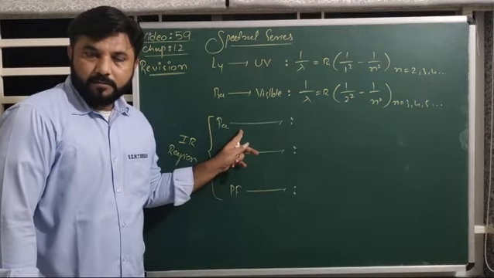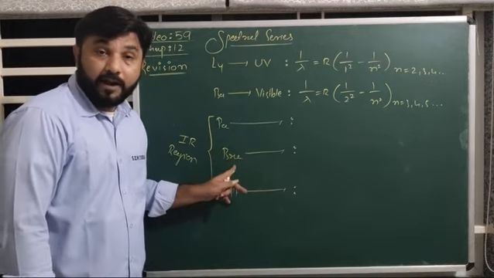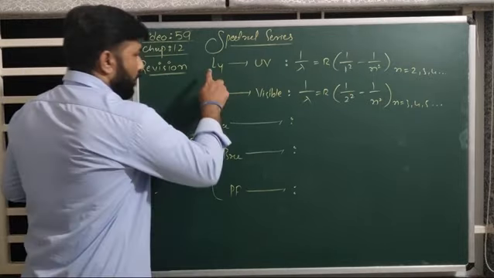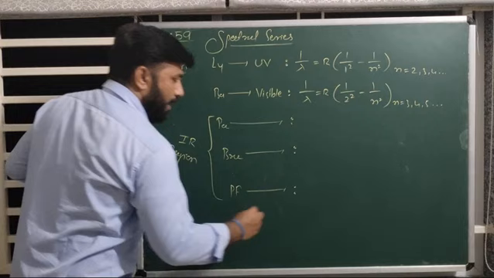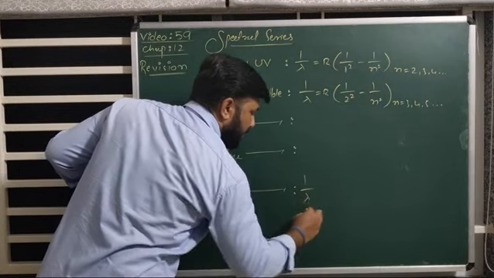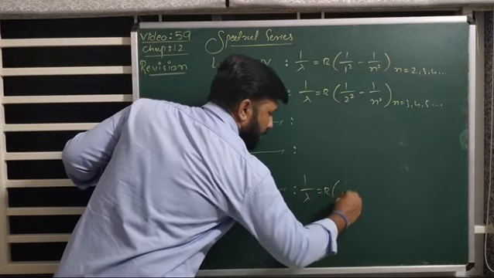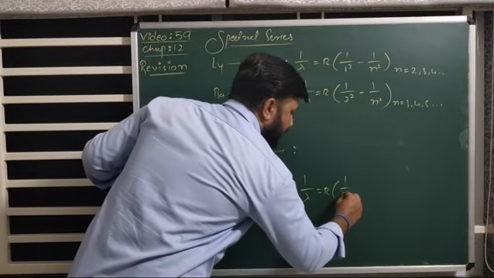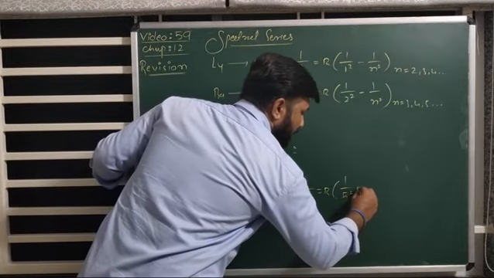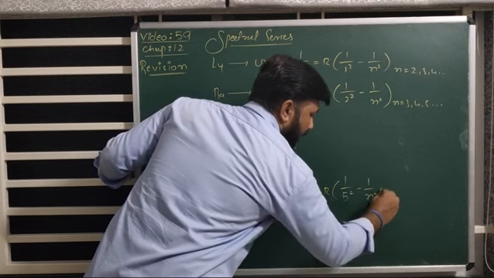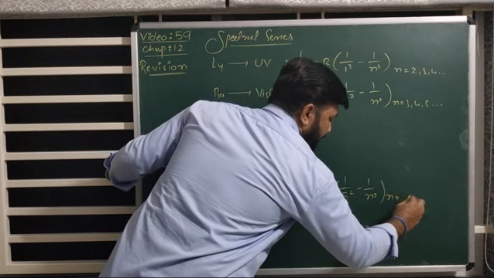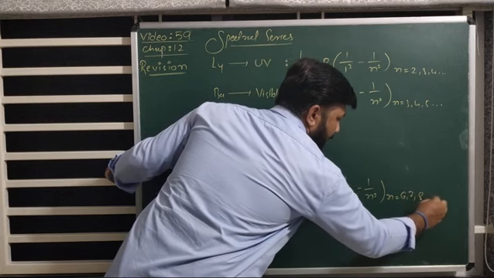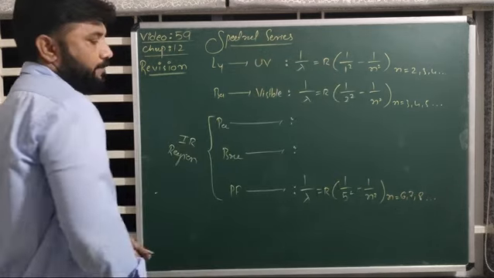Paschen and Brackett you do by yourself, and Pfund series is 1, 2, 3, 4, 5. So again the same equation, 1 upon lambda equals R times 1 upon 5 square minus 1 upon n square, n equal to 6, 7, 8 and so on.